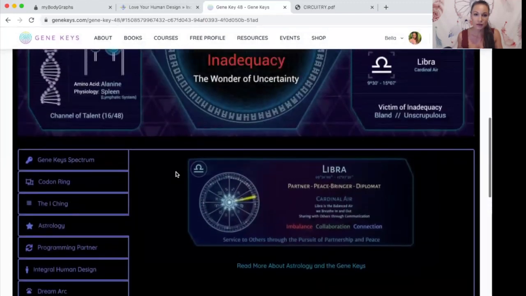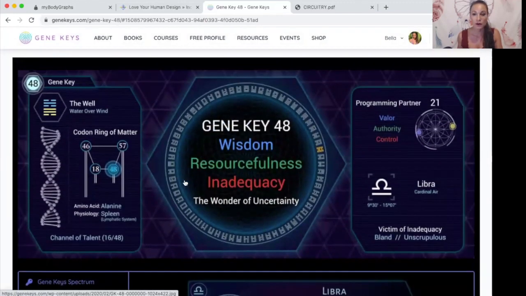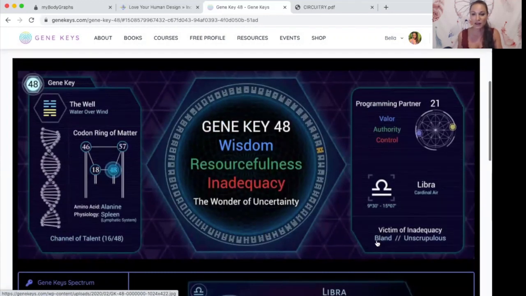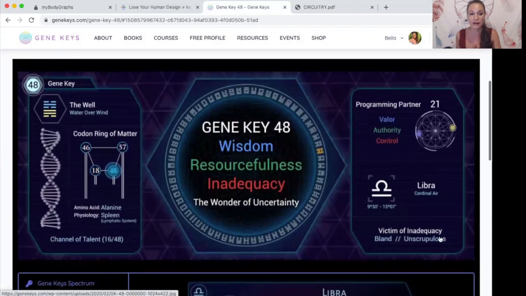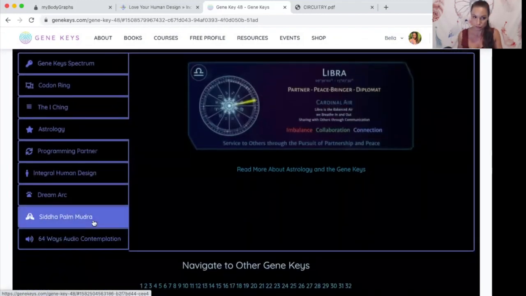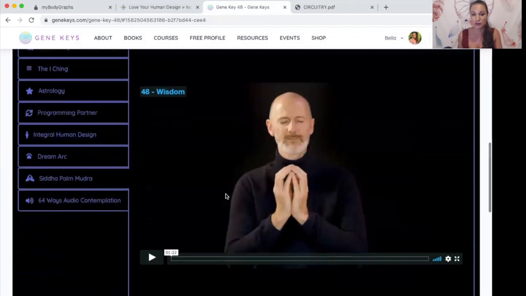So you could of course go into 64 doors and read about what is the victim of inadequacy, what is the reactive, what is the repressive pattern. You can also get the library where Richard is showing us all the mudras. That is a great way to embody this wisdom without just the mental understanding, but really bring it down into the body and into more of the ritual and the sacredness of what it is to feel, and especially with the 48 that has to do with the senses, what is it to bring this into your intuition.